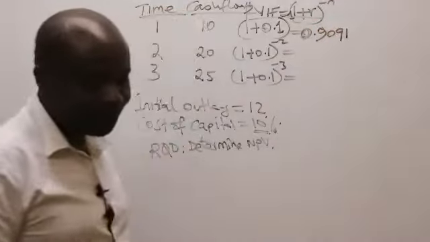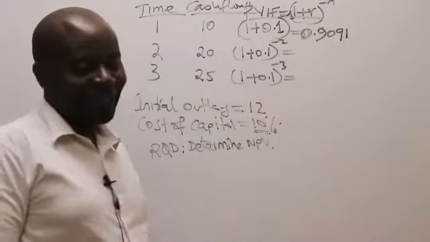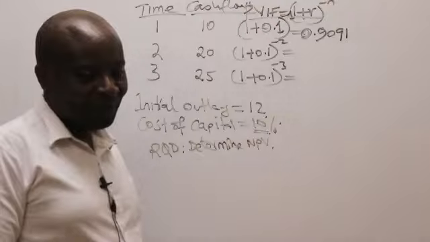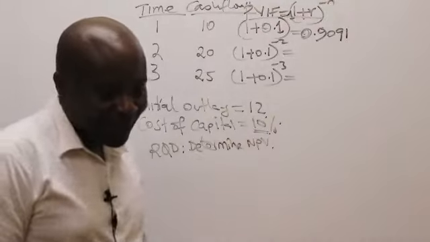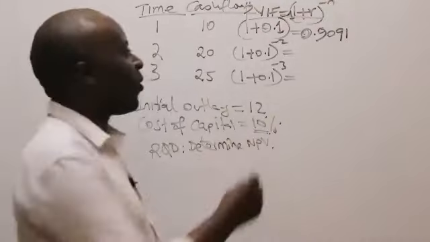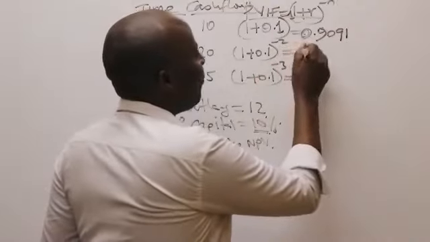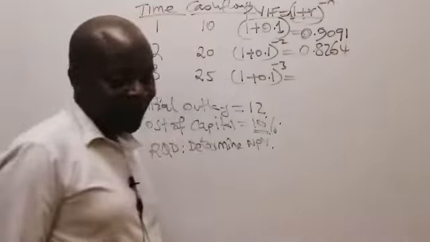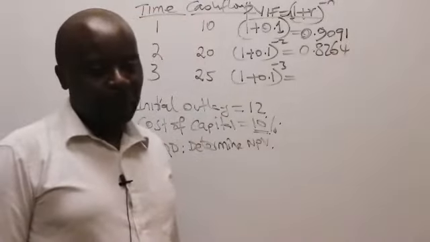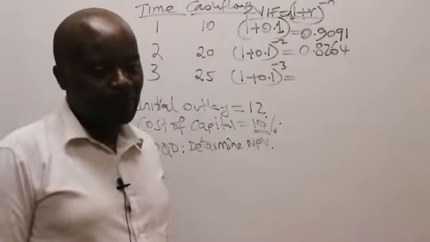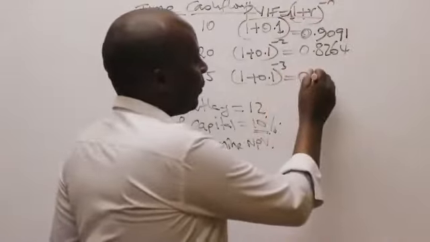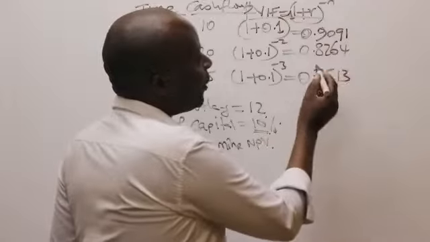How about the second one? 0.8264. The third one? 0.7513. So these are discounting factors.